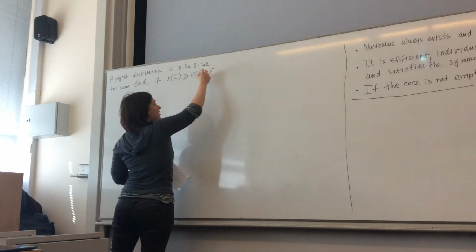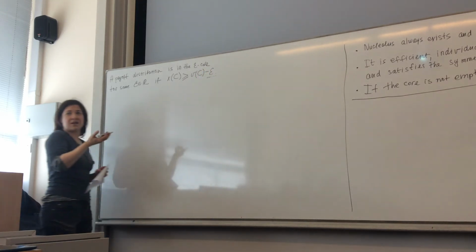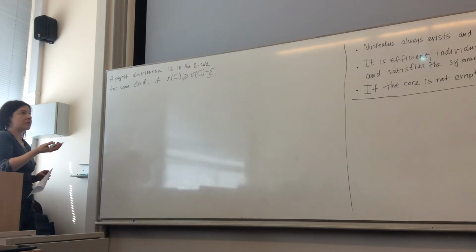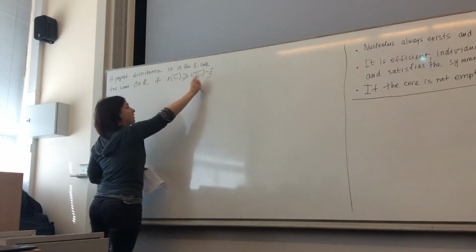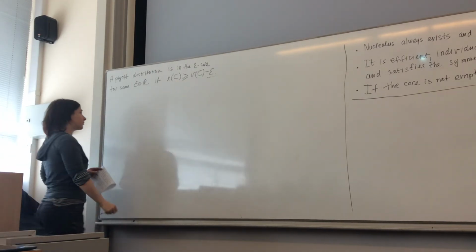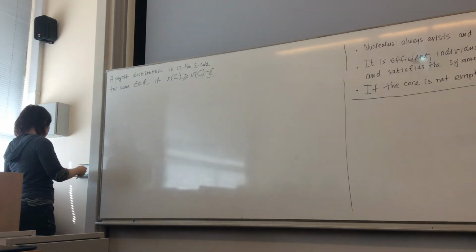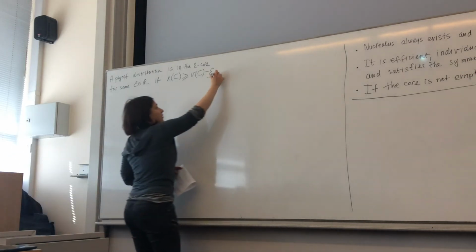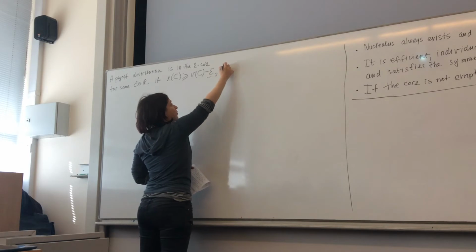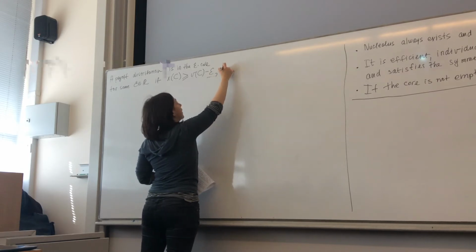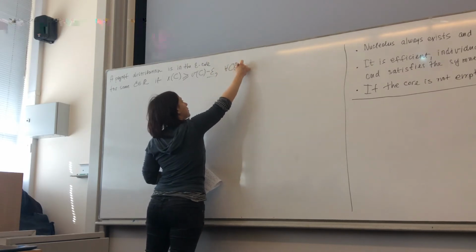So epsilon basically here defines the excess of the coalition, right? That's exactly the difference between the value of the coalition and the payoff that the members of the coalition get together, and that's for every coalition.